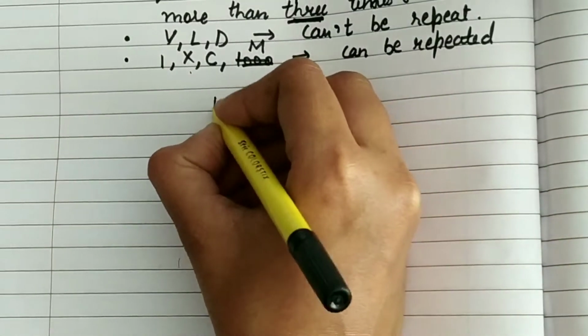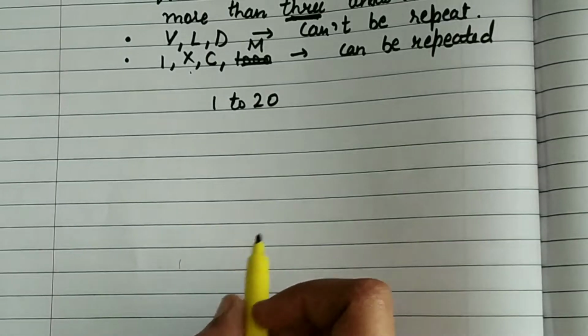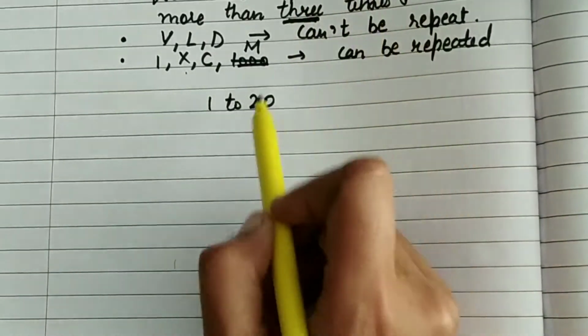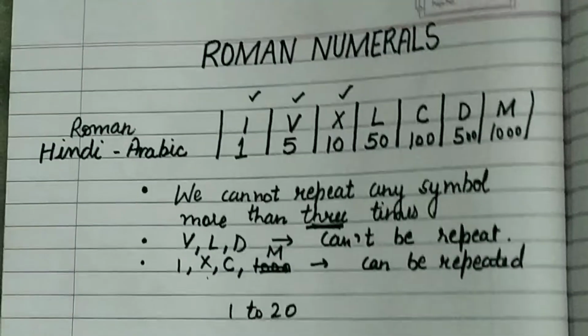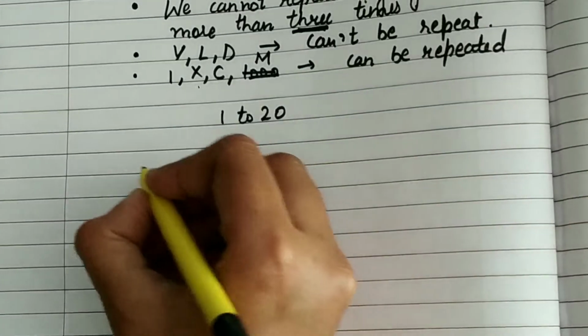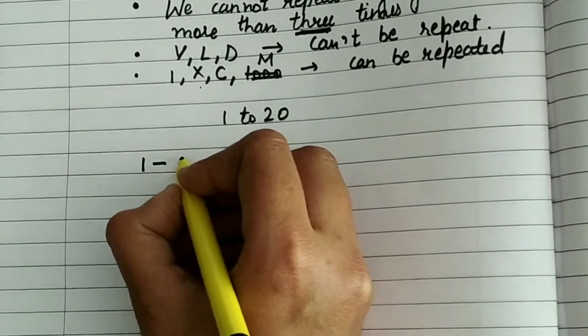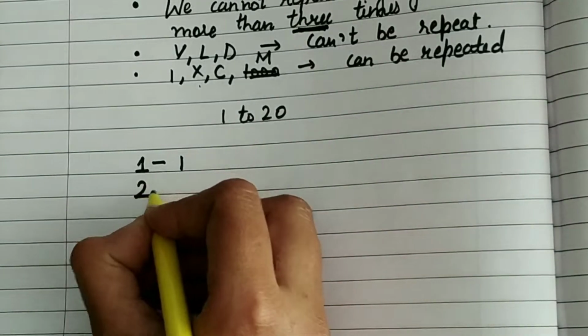Today we will write numbers 1 to 20 in Roman numerals, and now just see how we have to use these rules to write the numbers. Now see, the symbol for 1 is simple, it is I. So I can write this symbol very easily. Fine. Then now 2.